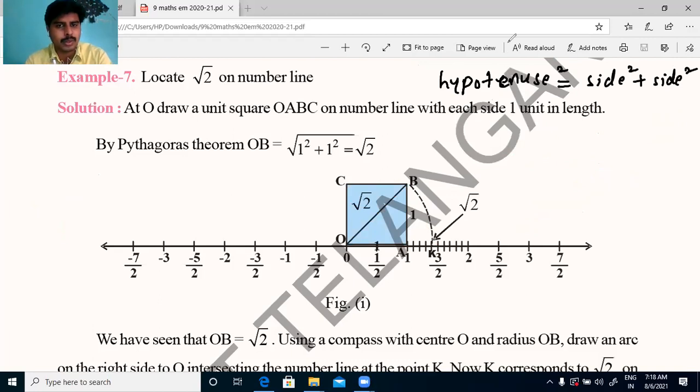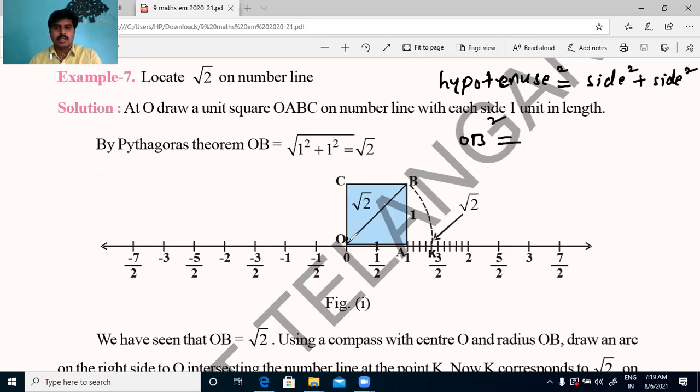Just to represent the root 2. How do we represent the root 2? By making a unit square, and we find the diagonal of that square, and the diagonal length is root 2. How did it become root 2? By using Pythagoras theorem. Hypotenuse is nothing but OB in the diagram.